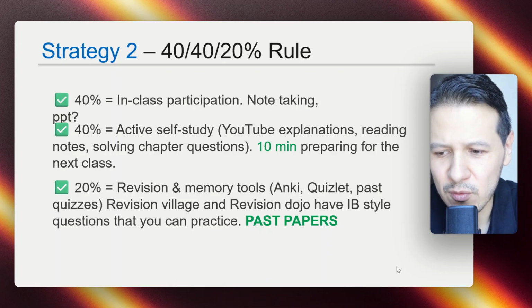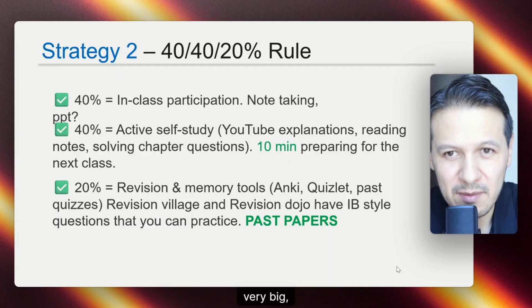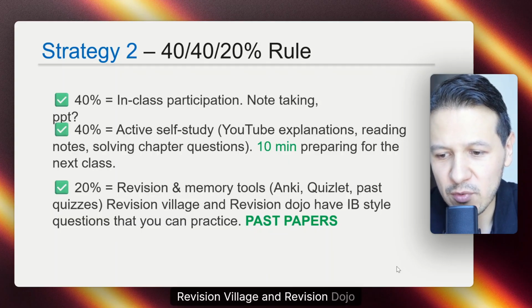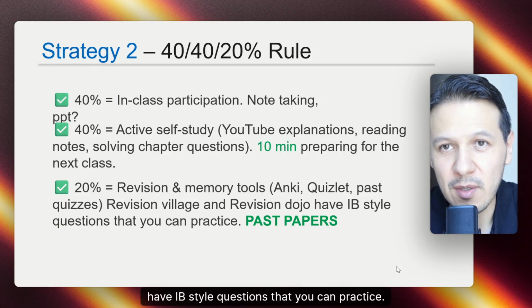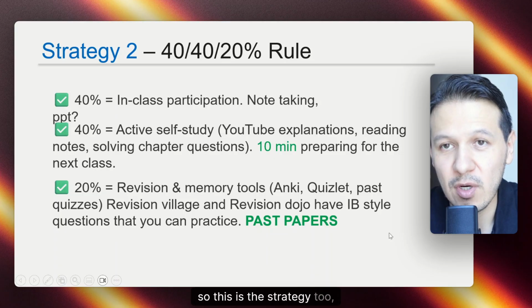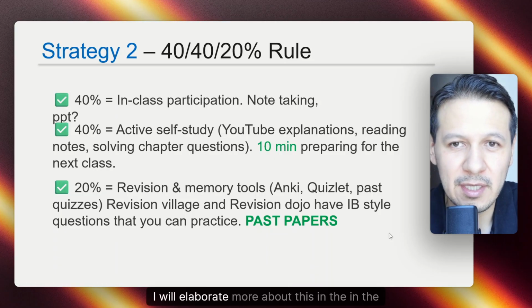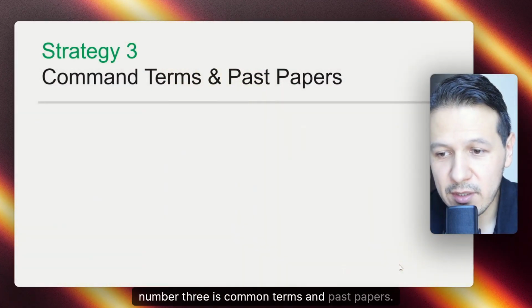You can go to past paper questions. There are very big websites with good data. Revision Village and Revision Dojo have IB style questions that you can practice. So this is strategy two, and also past papers, but I will elaborate more about this in the next strategy.